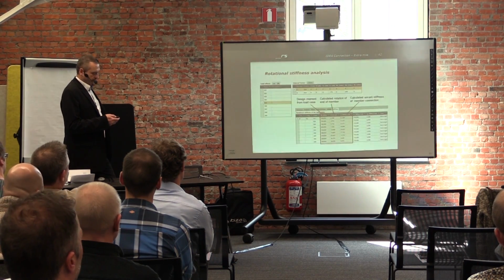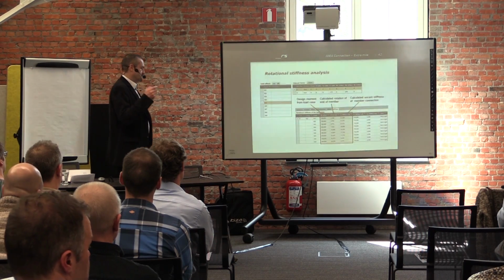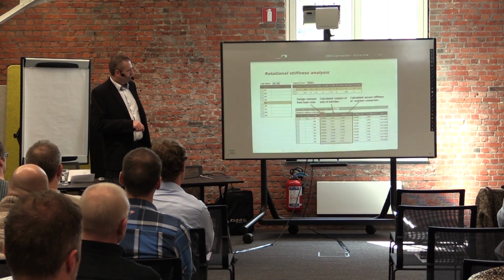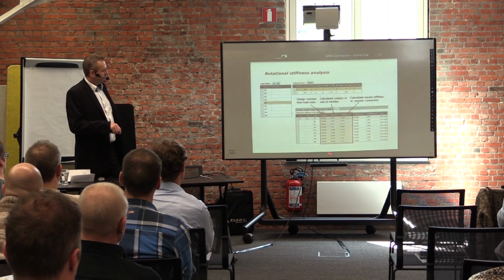So if you want to analyze the diagram of stiffness, you can simply add several load cases with different loads, and we provide the rotation and the stiffness for each load case. We also classify if this connection is rigid, semi-rigid, or hinged.